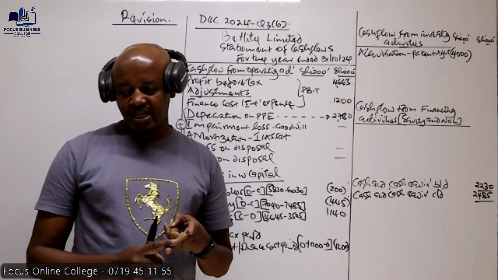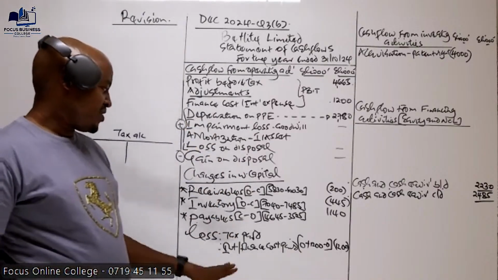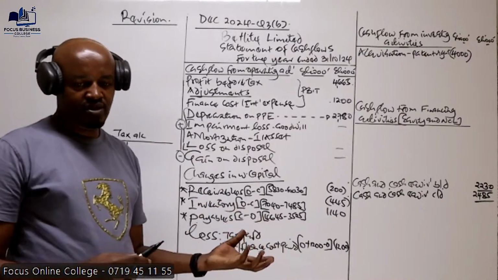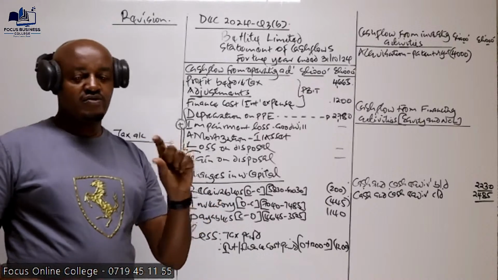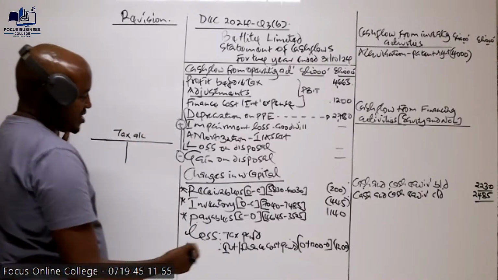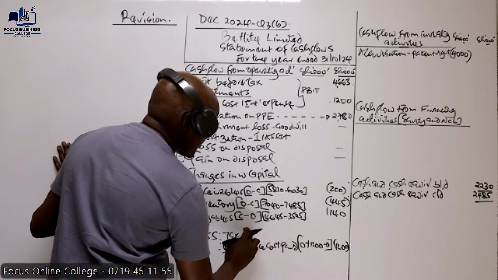And also under the current liabilities, we have the current tax. You can compute the tax which was paid using the same approach here without necessarily preparing a ledger account. But in that case, you must appreciate the fact that we have two components of tax liability. So let's just use the same approach to compute the tax which was paid here.